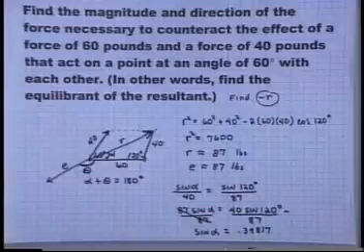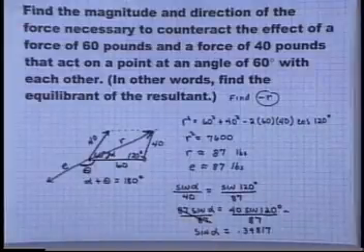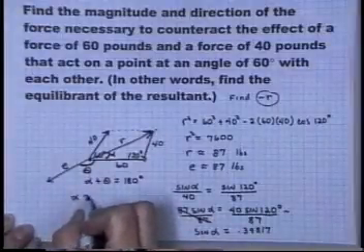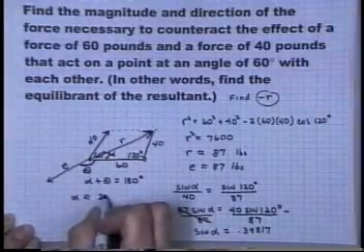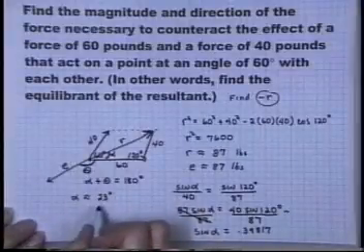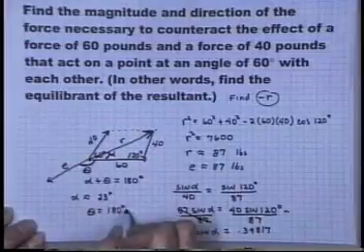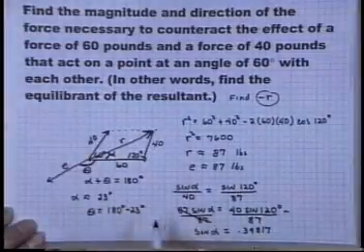Okay? Now, I don't want the sine of angle alpha, I want the angle. So I'm just going to use my calculator and do an inverse sine now to find the angle. So using that, alpha is approximately 23 degrees. I'll round off. Okay, so theta is going to be 180 degrees minus 23 degrees.